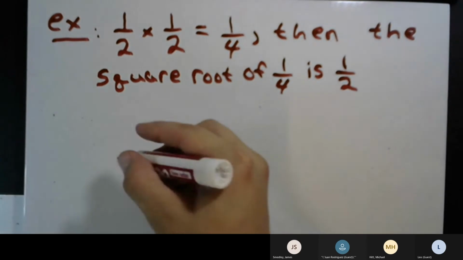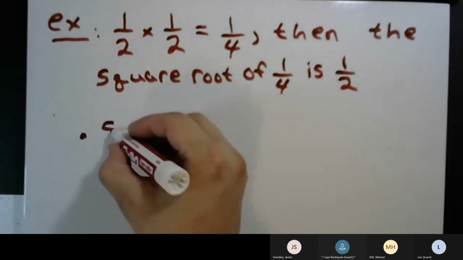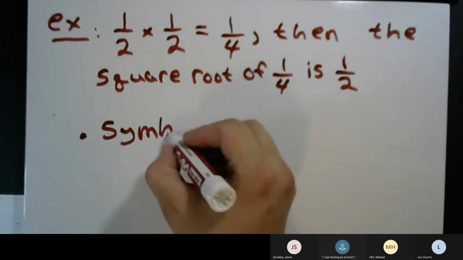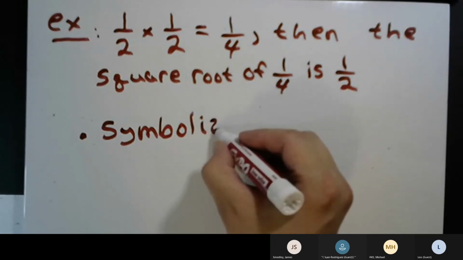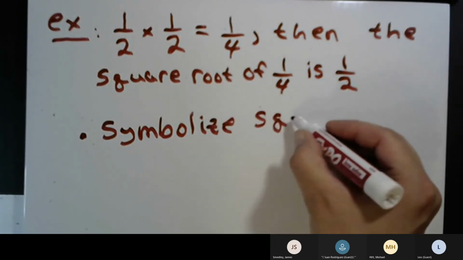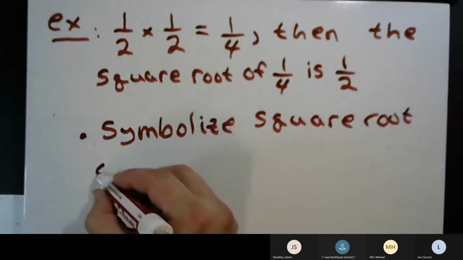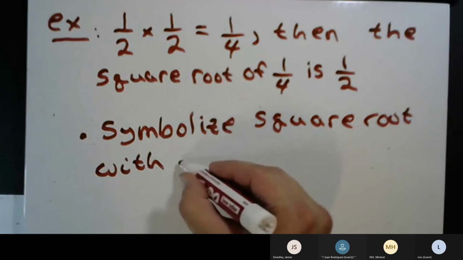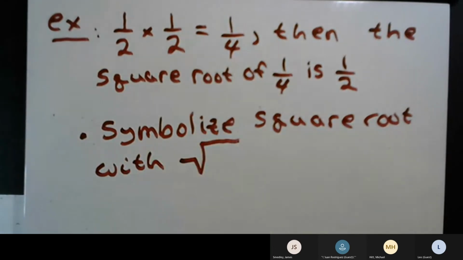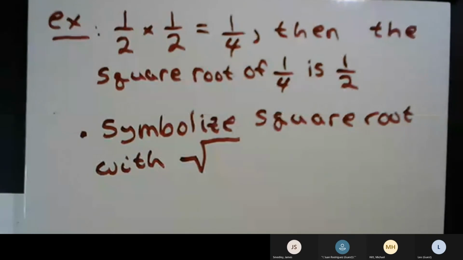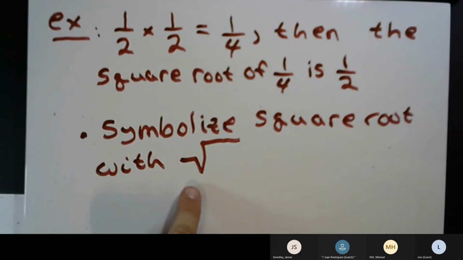So what we often do is we symbolize a square root with this symbol. Now it's kind of a peculiar symbol. Like, why do we use that symbol to represent square roots? There's a lot of different explanations as to where the symbol comes from.